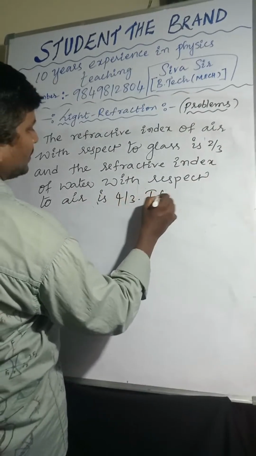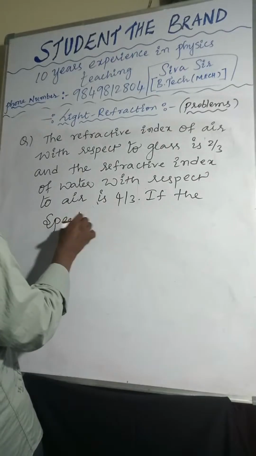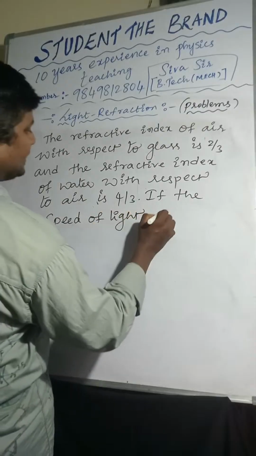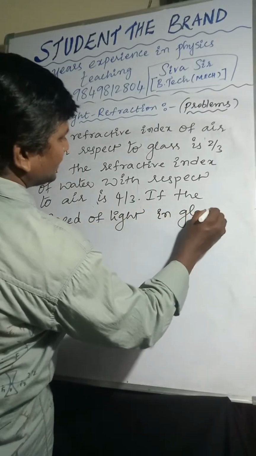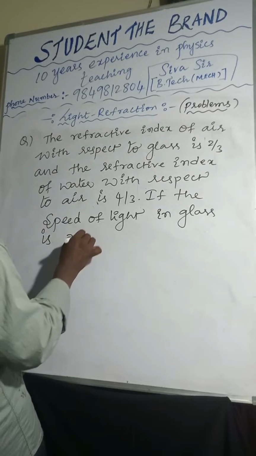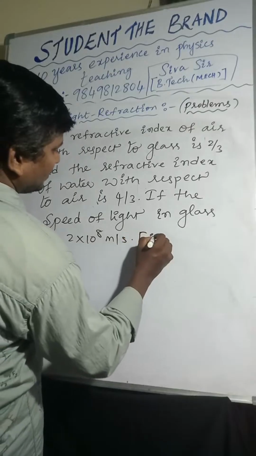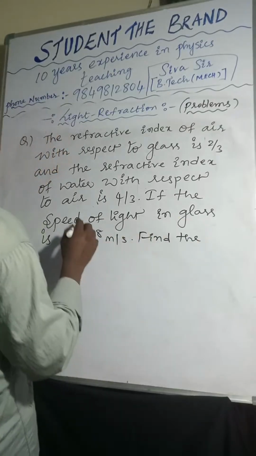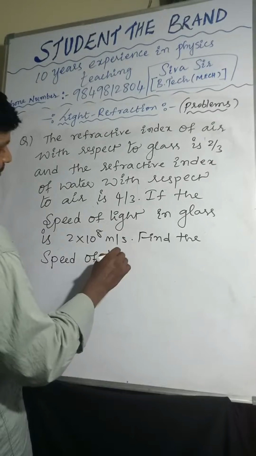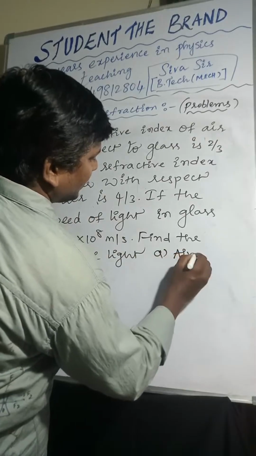If the speed of light in glass is 2 into 10 power 8 meter per second, find the speed of light in air. Second one is water.